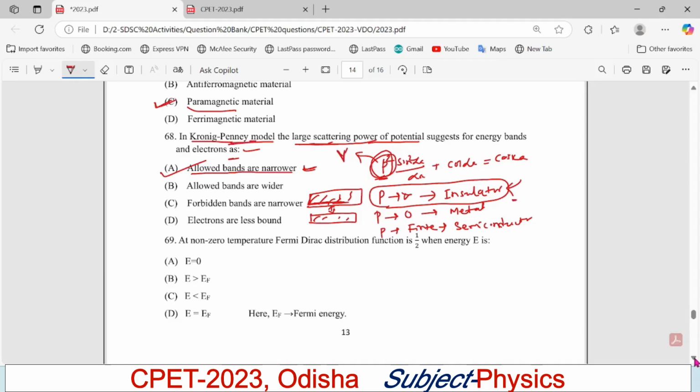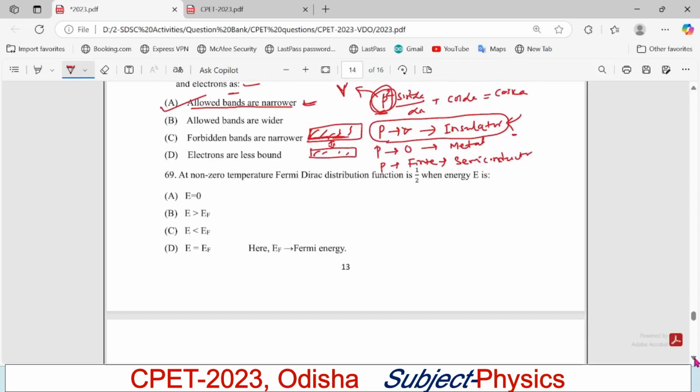Okay, next question. At non-zero temperature, the Fermi-Dirac distribution function is half when E is what? You should always remember this graph, the most important graph. This graph is for 0 Kelvin, and this is the Fermi-Dirac distribution function. Along the x-axis is E, and this is EF, and this value is 1.